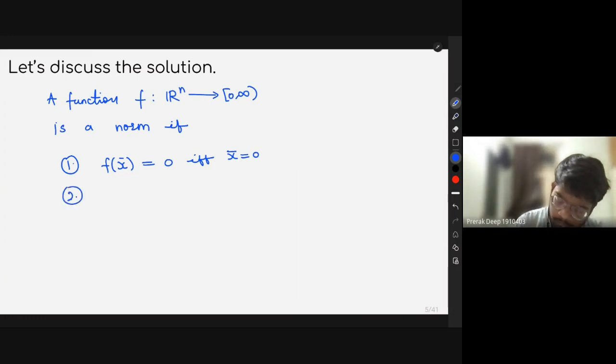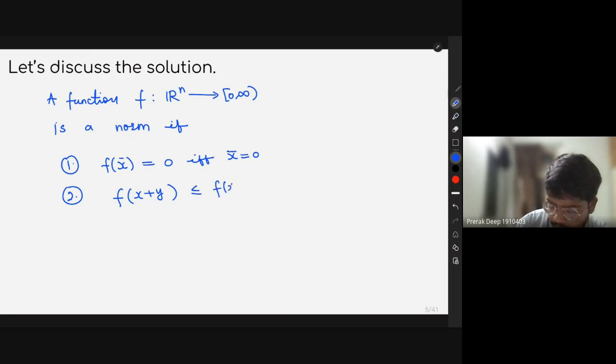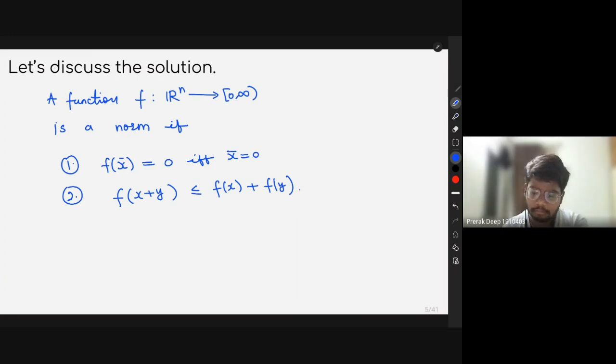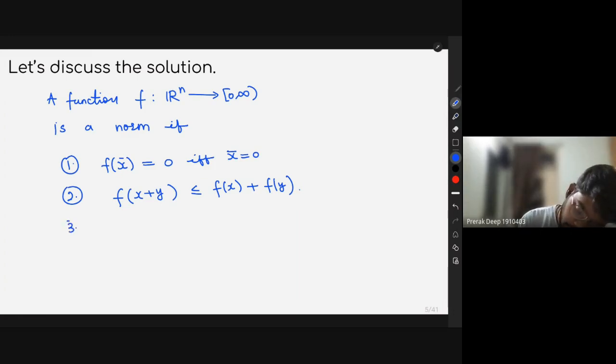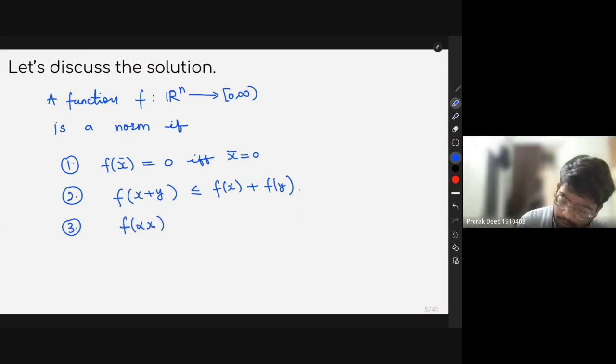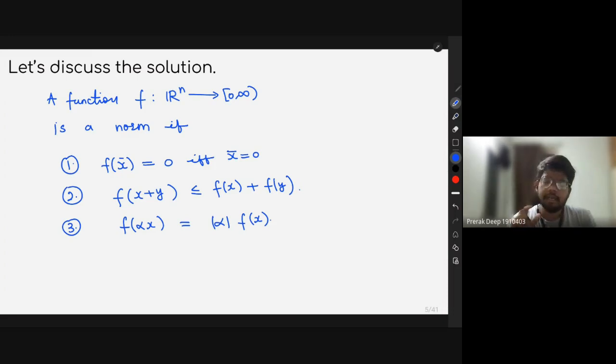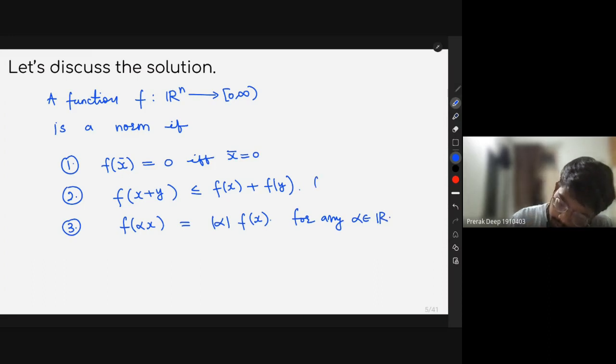Second, it satisfies the triangle inequality, for all x and y vectors in R^n. And the third property is that f of alpha x, where alpha is a scalar in R, is equal to modulus of alpha times f of x, for any alpha in R. So in some sense it is linear, but the modulus comes out, not the exact scalar.